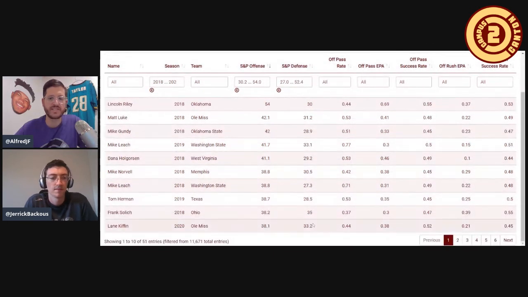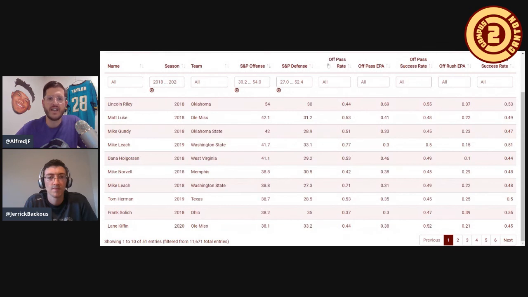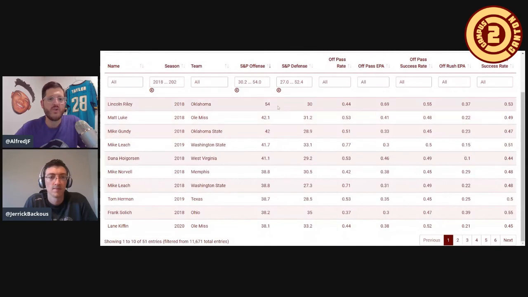What we came up with, this group of coaches sorting, you can sort by any of these things. These are the best offenses paired with the worst defenses, or worse than average defenses, over the last couple years. So for fantasy purposes, it's one way to identify what teams are blowing up on offense and then a sieve on defense, because that's going to just be fantasy goodness.